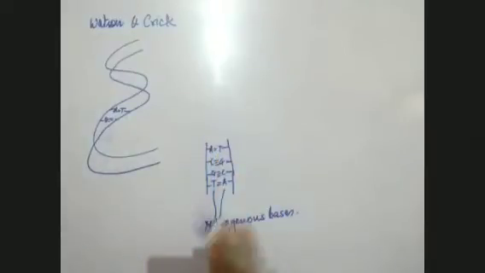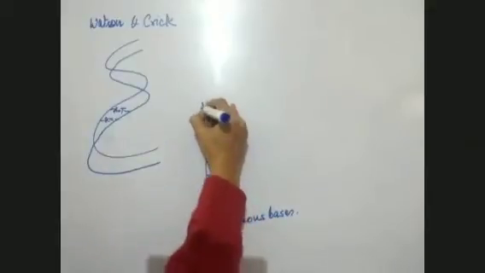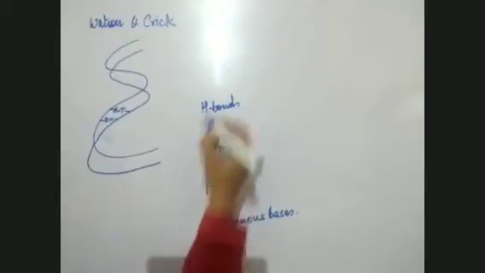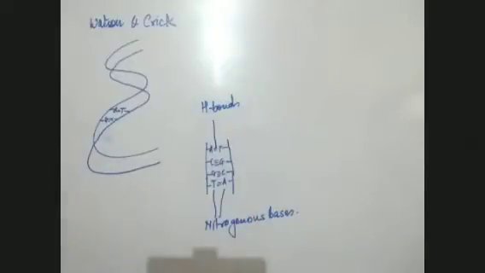This is a triple bond. This is a double bond. But what type of bonds are they? They are hydrogen bonds. They are connected with each other by hydrogen bonds. So the central core of the DNA molecule is formed by nitrogenous bases, in which the bases are linked together by double or triple hydrogen bonds.